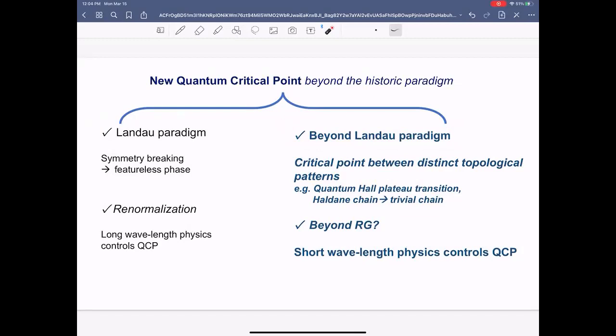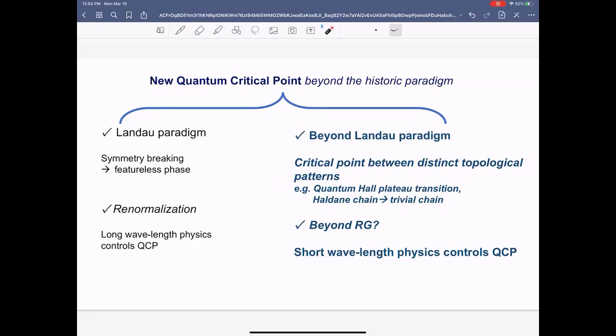Albeit the fact that the 2 phases across a quantum critical point have the same symmetry pattern and cannot be distinguished by any local order parameter, it turns out that these 2 phases have different intrinsic entanglement patterns, so they belong to different topological sectors, and we can use some topological invariant or say many-body invariant to characterize the 2 phases.